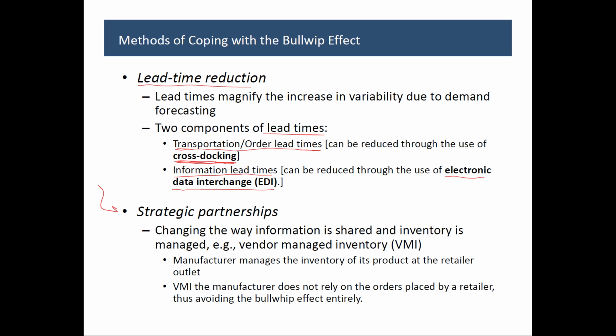Other methods that could be used are less technical, but build more on trust, collaboration and relationships that are strategic partnerships. So if two partners of the supply chain, like we have seen also in the supply chain mapping, change the way the information is shared with each other, then this can be beneficial and also reduce the bullwhip effect.